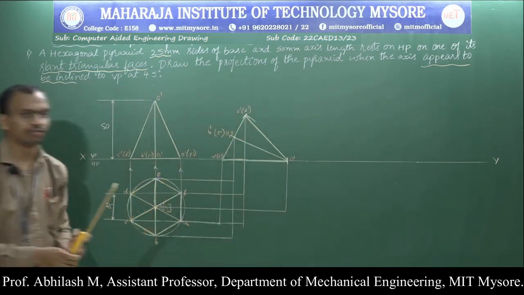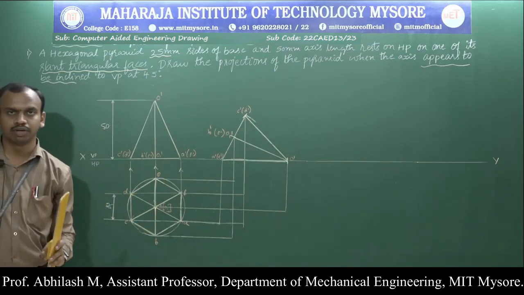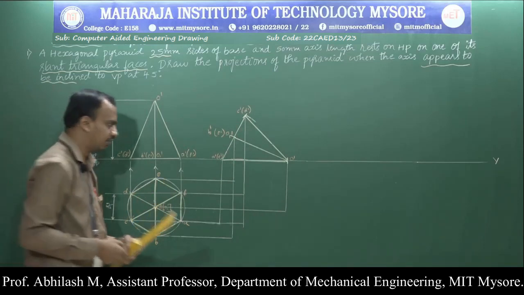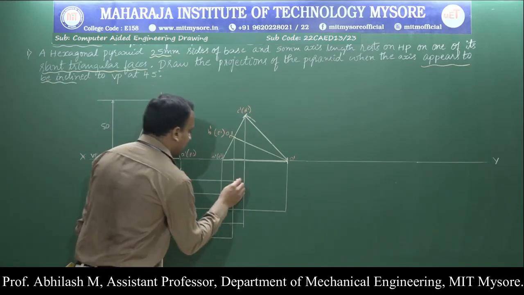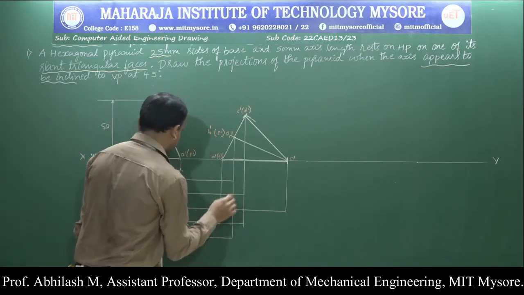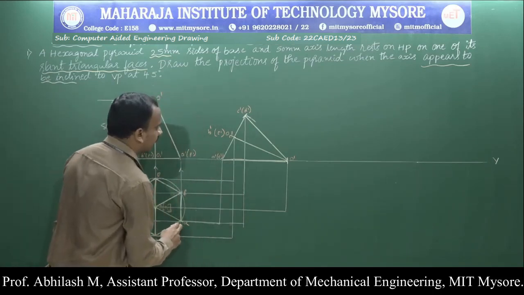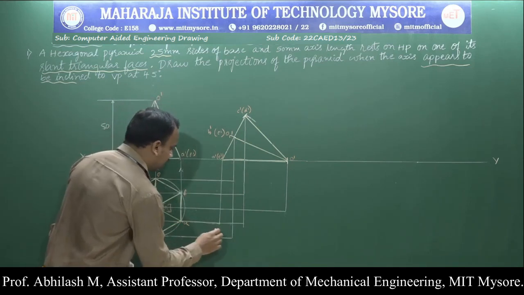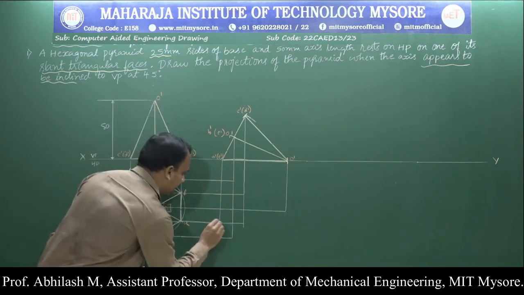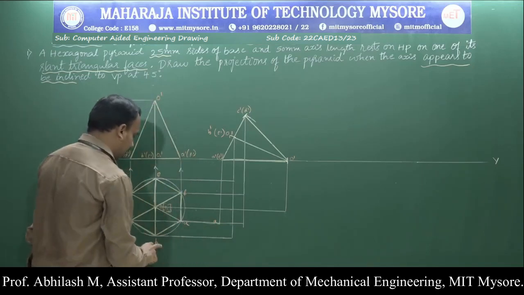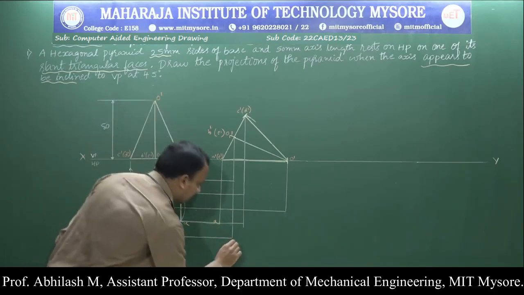So before beginning the completion, we are supposed to name it, it becomes very essential for us. So it is E and E dash. We will begin with A itself. A is here and A dash is here. Similarly, my B is here and B dash is here.